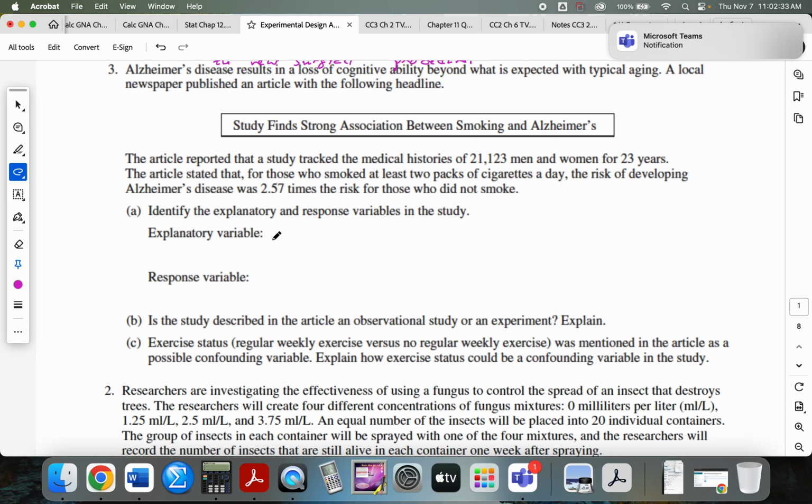All right, so what is the explanatory variable here? Is it smoking? How long they're smoking? How much they're smoking? Okay, yeah. So the explanatory variable is how much a subject smokes.